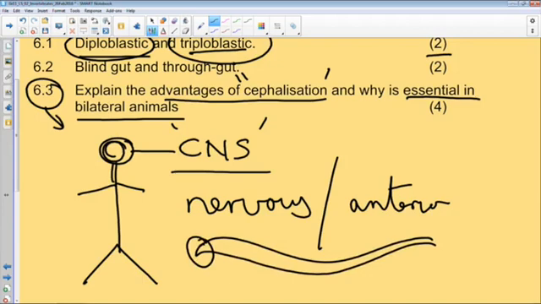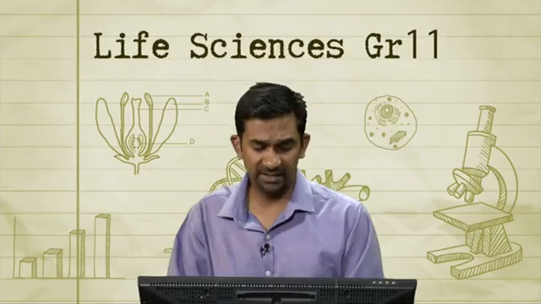And that's a key feature of living organisms, being able to respond, being able to feed. So they have a distinct anterior end that allows them to pick up stimulus. Being bilaterally symmetrical means that that central nervous system allows them to respond and bring about coordinated activities. And hence we see this as a distinct adaptation of organisms being bilaterally symmetrical.